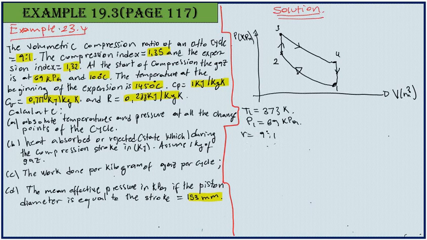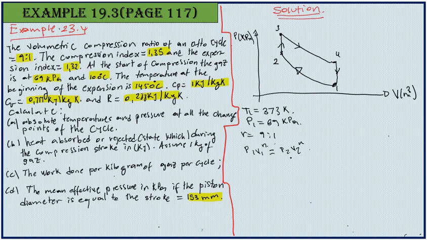We can determine P2 from this relation, because we know that P1 V1 to the power of N is the polytropic relation between state 1 and state 2 when we write the expression in terms of the pressure and the volume. So we have P1 V1 to the power of N is equal to P2 V2 to the power of N.